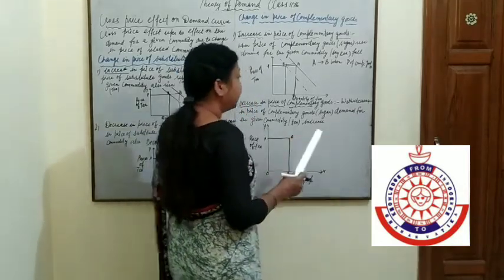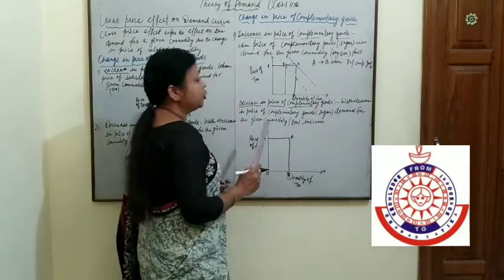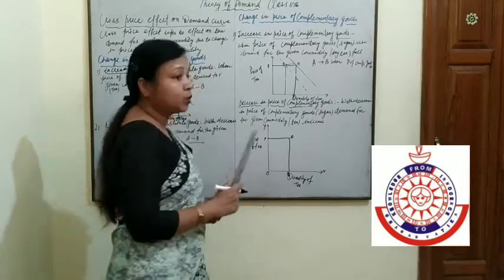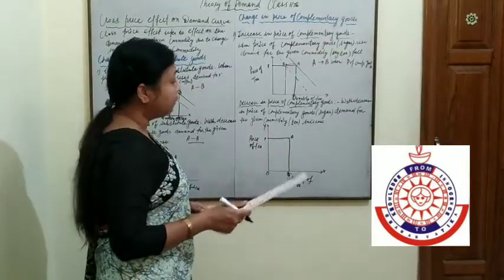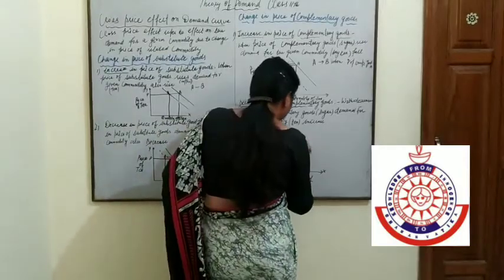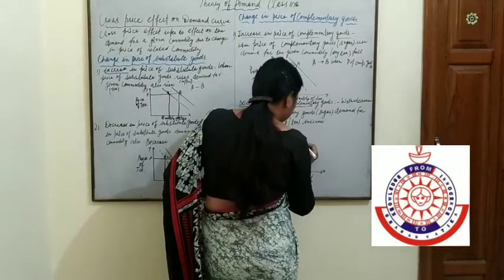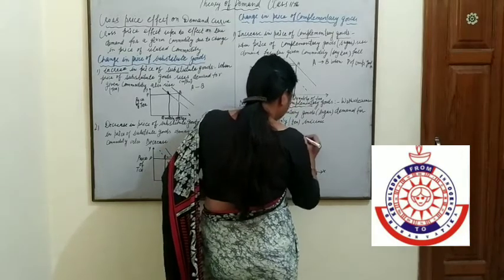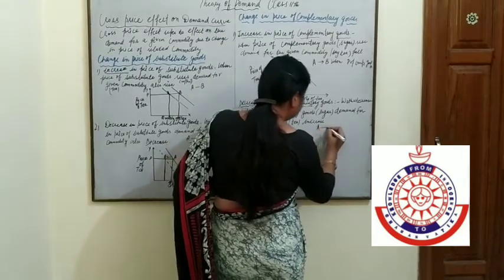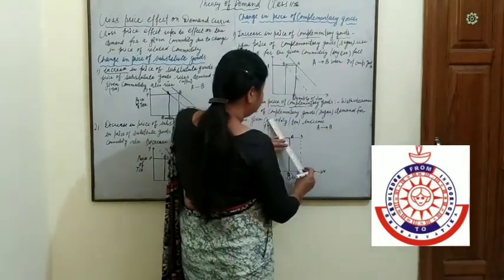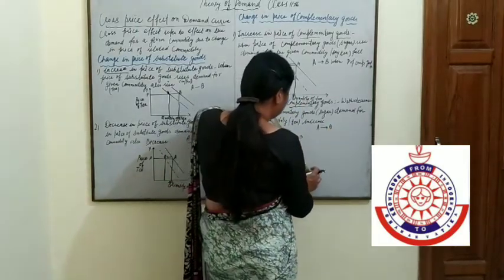Now, what will be the effect? With a decrease in the price of sugar, the demand for sugar is increased. If the demand for sugar is increased, then the demand for tea is also increased. So we come to the point from A to B due to the change in the price of sugar.